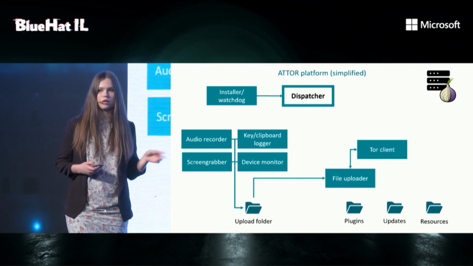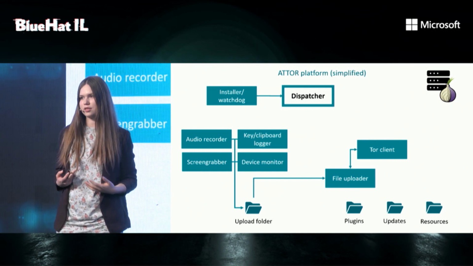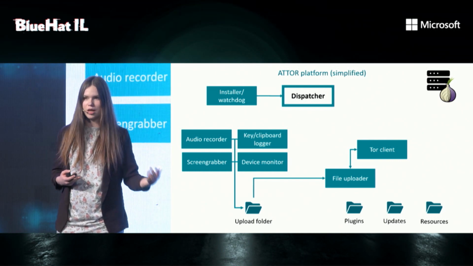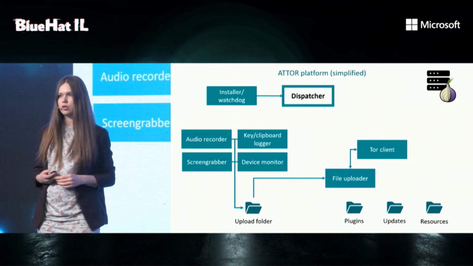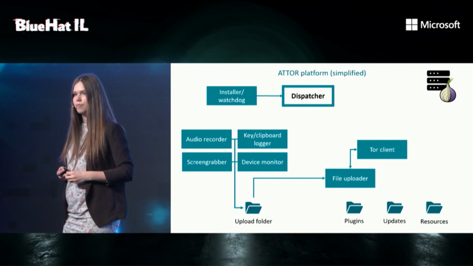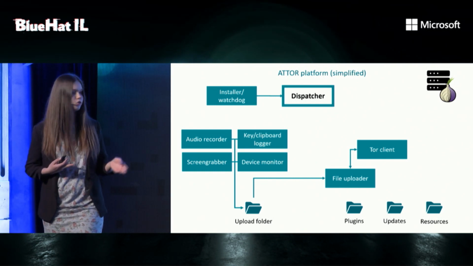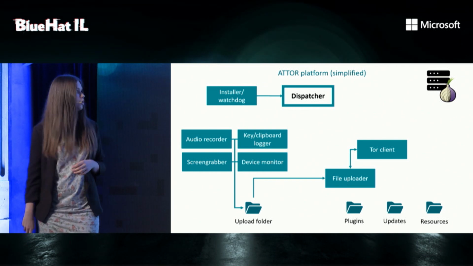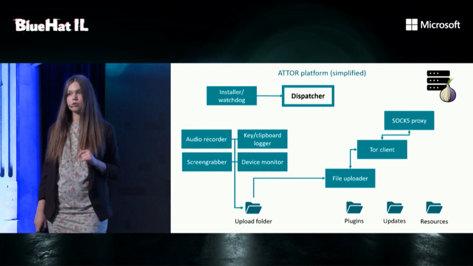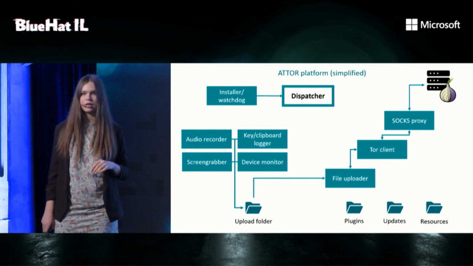This is not the standard Tor.exe process, but a customized version because ATTOR uses a specific interface for all of its plugins, but it is based on Tor. And this one makes sure that it resolves the onion domain, generates the circuit, and then encrypts the data. And then it uses the last plugin, which is a SOCKS proxy, that would then contact the server directly.